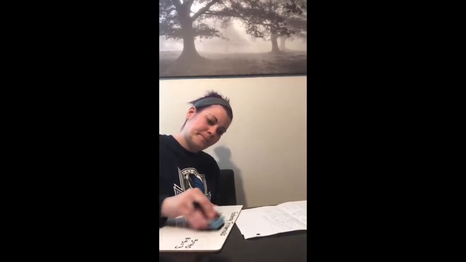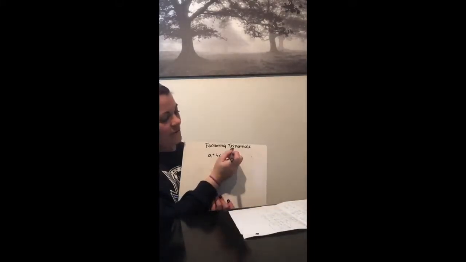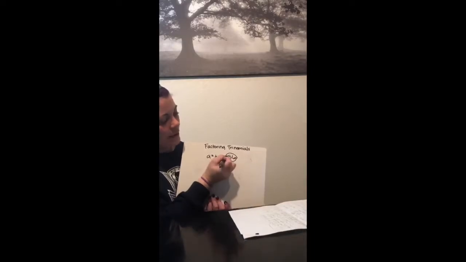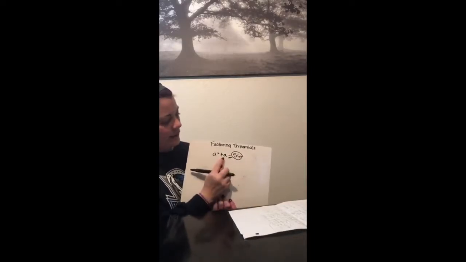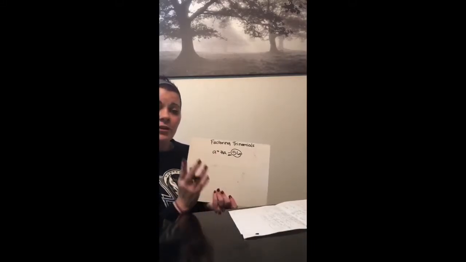Okay, let's do another one. a squared plus a minus 56. So again, you ask yourself the question, what factors of 56 when subtracted give me 1, because here the coefficient is 1? It's understood.